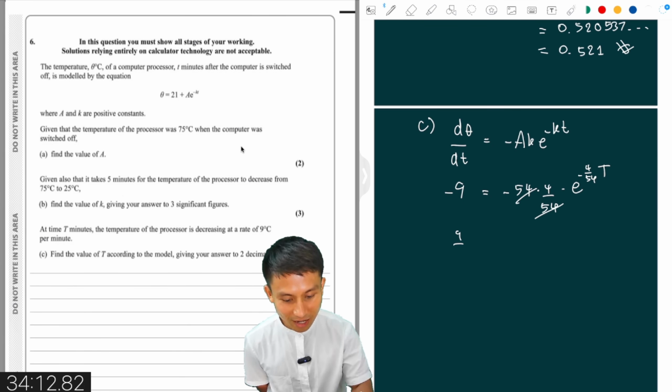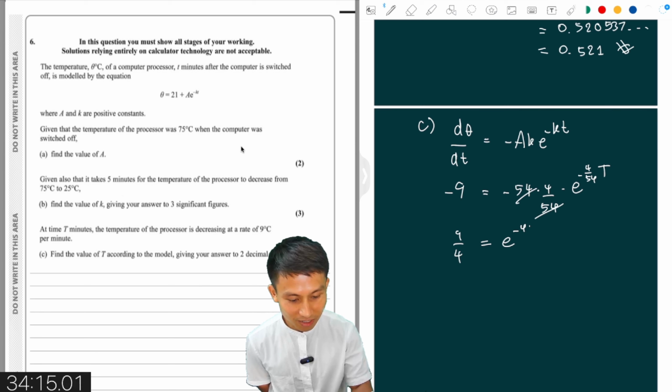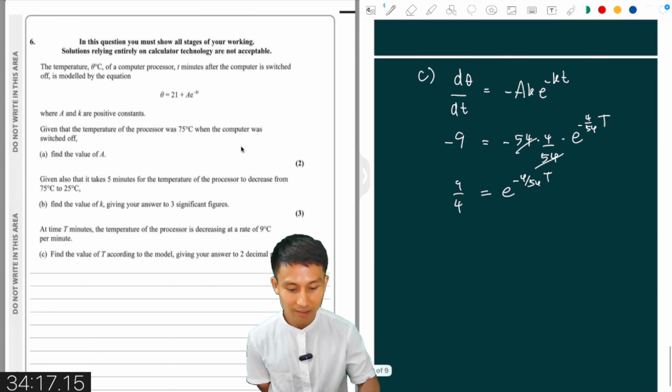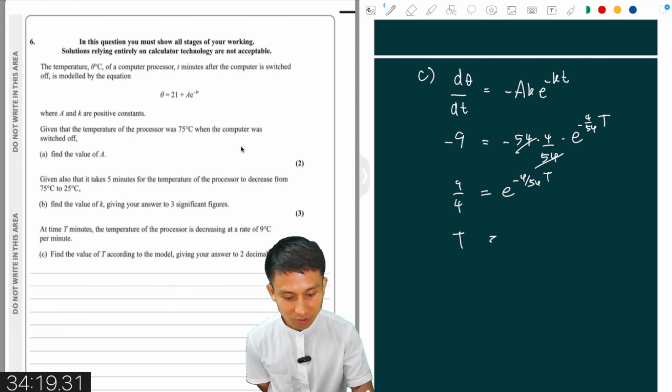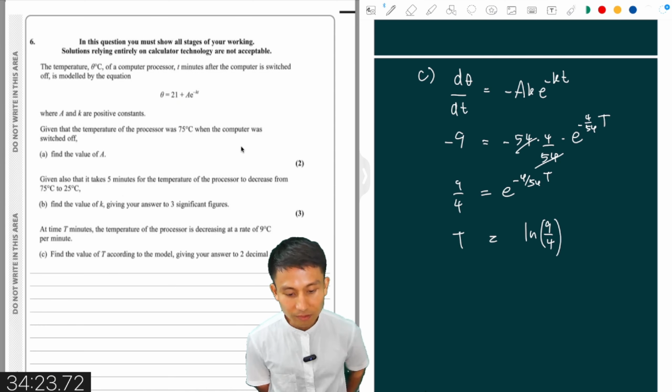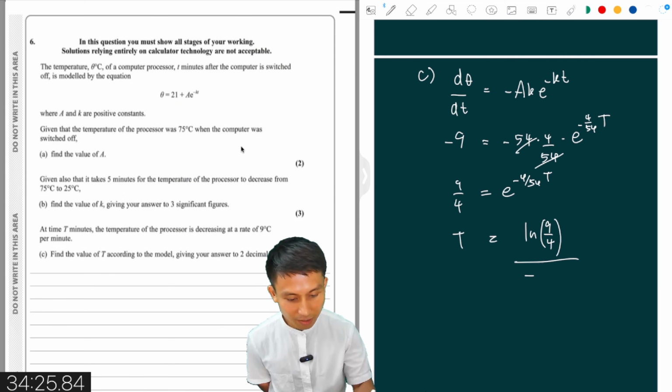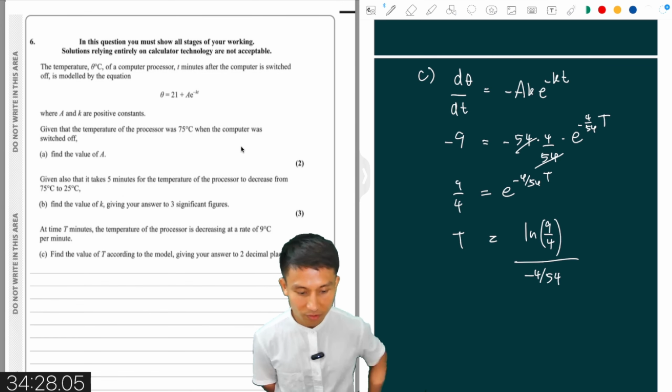Because now you get 9 over 4, a positive number, equals that. So to solve for t, t will be equal to ln of 9 over 4, and then divided by minus 4 over 54, right?